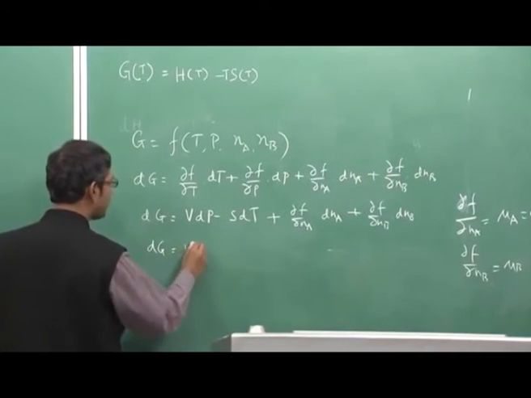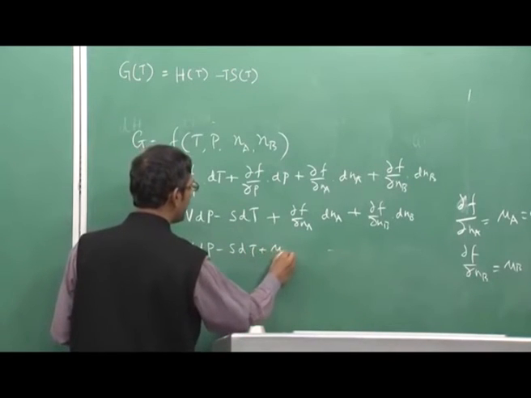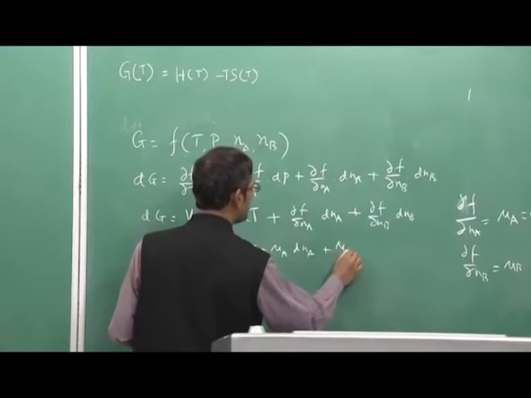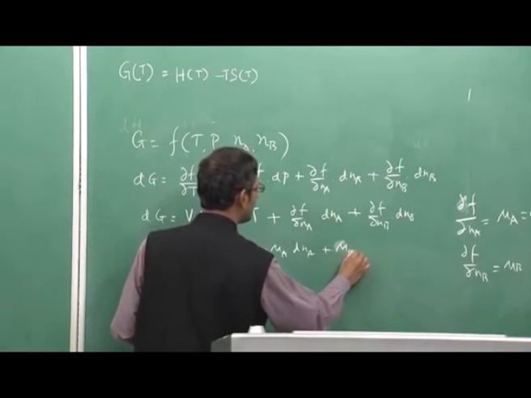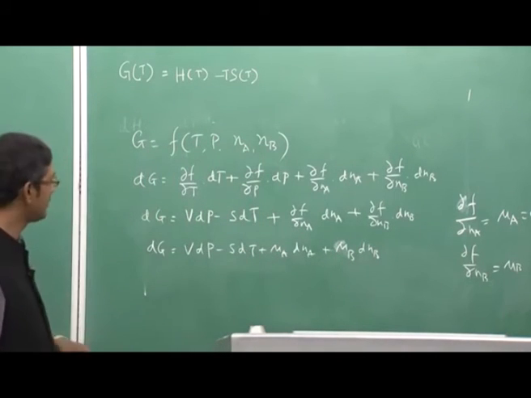If I plug in these values, I get VdP minus SdT plus mu A dNA plus mu B dNB. Okay, this is what I get very simply.